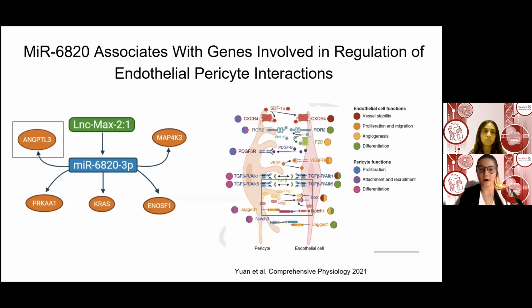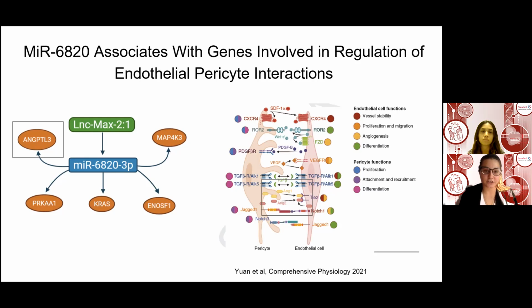So now moving on to microRNA 6820. We used MIRDB to do a little bit of a further analysis and found that MIR6820 associates with genes involved in the regulation of endothelial parasite interactions. So of interest to us, it was the association of this microRNA with angiopoietin-like 3 and MAP4K3.